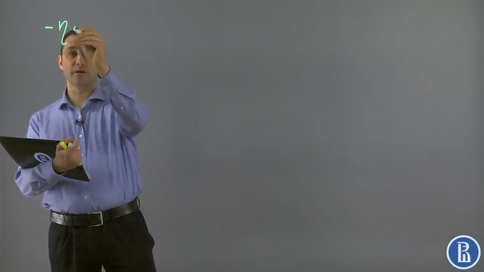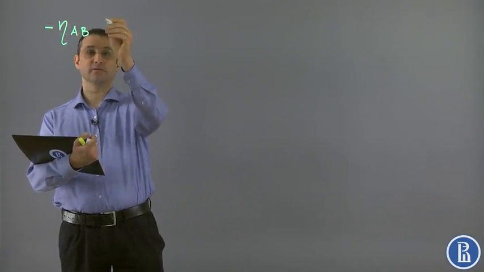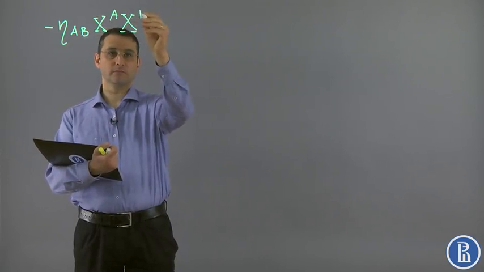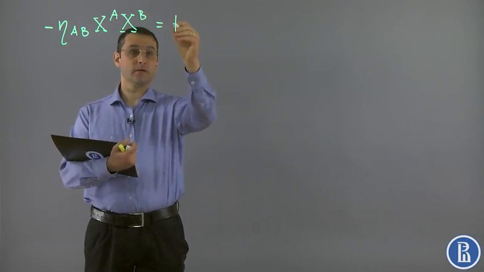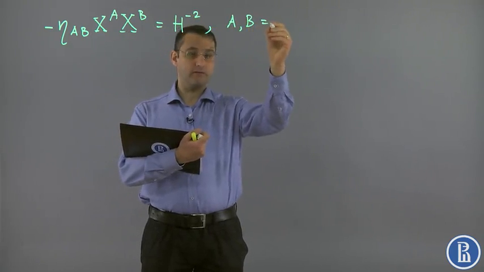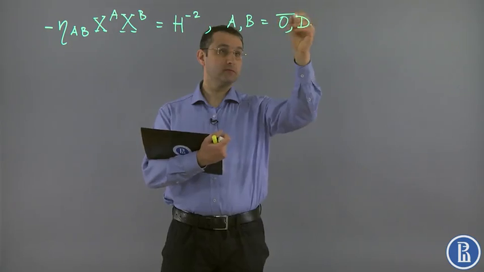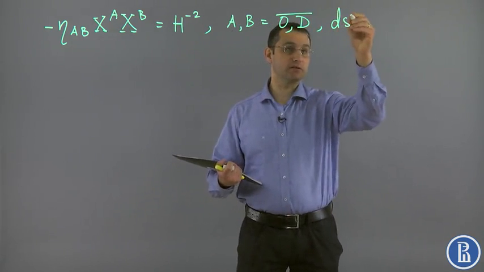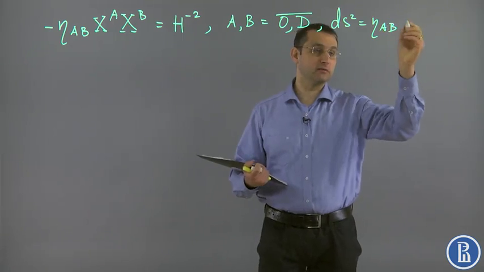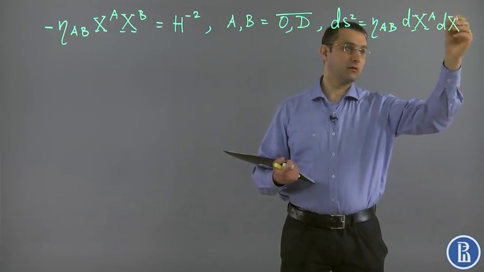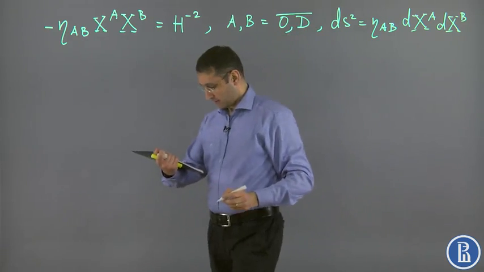Okay, we have started our consideration of this hyperboloid, hypersurface, which is actually a hyperboloid, as we will see in a moment. Where A and B run from 0 to D, so it's a hyperboloid embedded into D plus 1 dimensional Minkowskian space with symmetric metric.